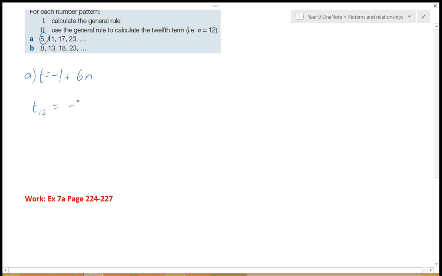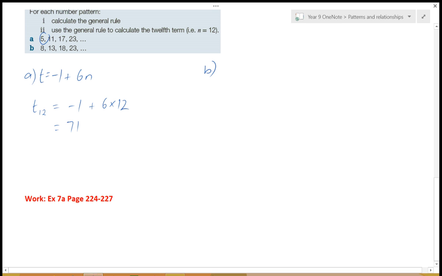So that's going to be negative 1 plus 6 times what? Hands up. Daniel? 12. Okay. That's the 12th term. Alright, 12 times 6 is 72. Minus 1 is 71.